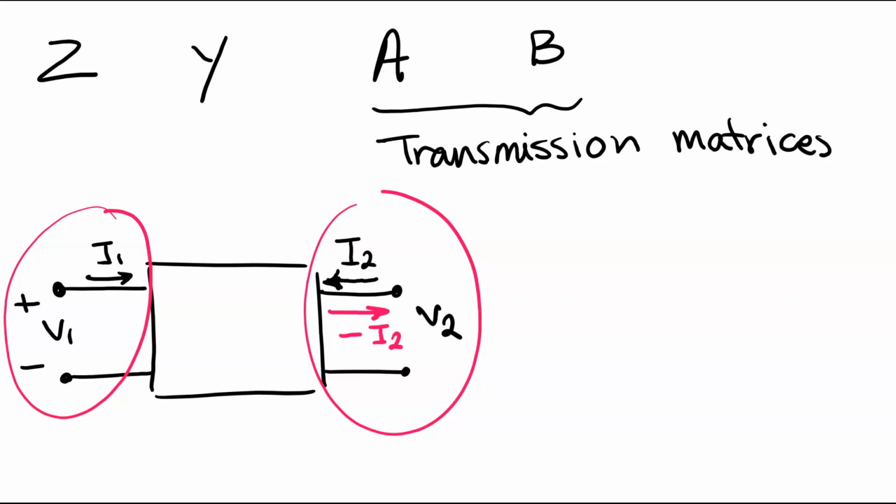Okay, so for A, I'm focusing on output parameter as my independent parameter, and for B, I'm focusing on input parameter to be my independent variable.